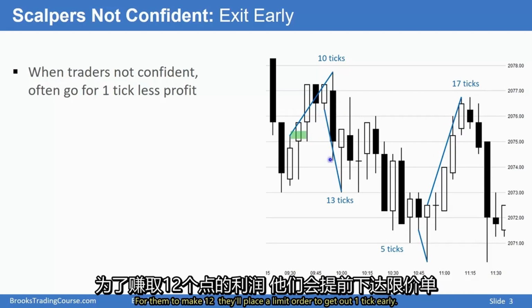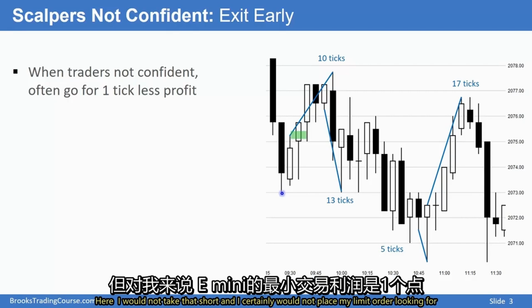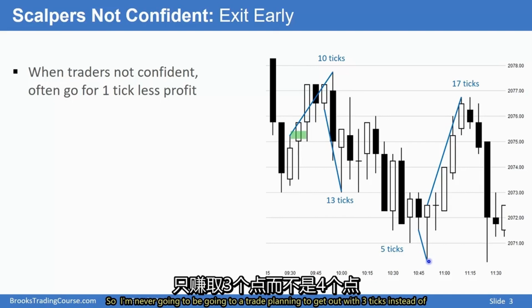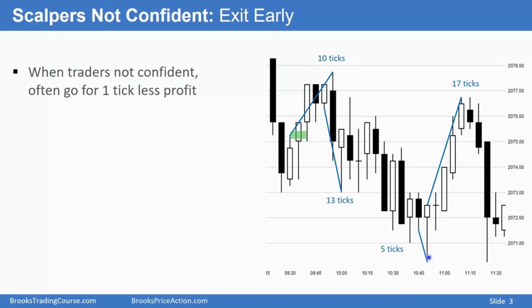Bears selling here, thinking it has to fall below this to get 14 ticks for them to make 12. They'll place a limit order to get out 1 tick early. Here, I would not take that short, and I certainly would not place my limit order looking for a 3-tick profit. For me, the minimum scalp in the E-mini is 1 point, so I'm never going to be going into a trade planning to get out with 3 ticks instead of 4 ticks.